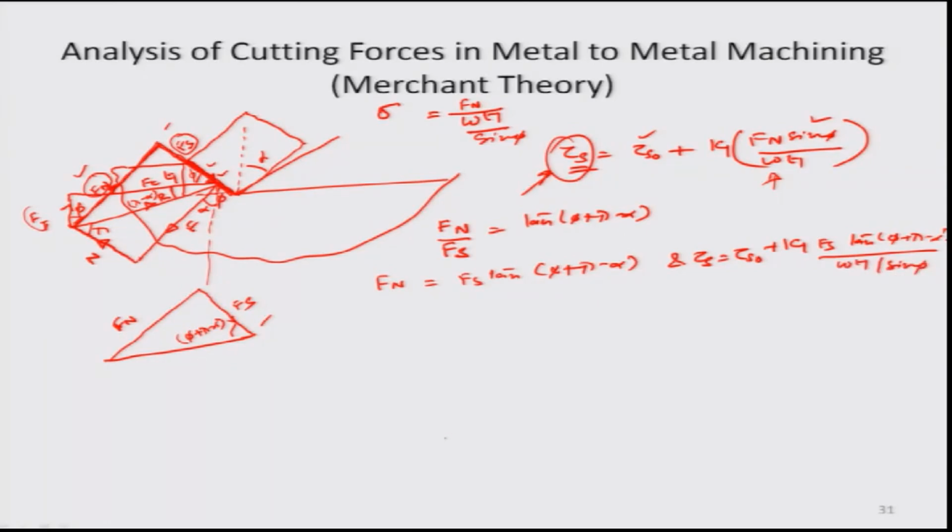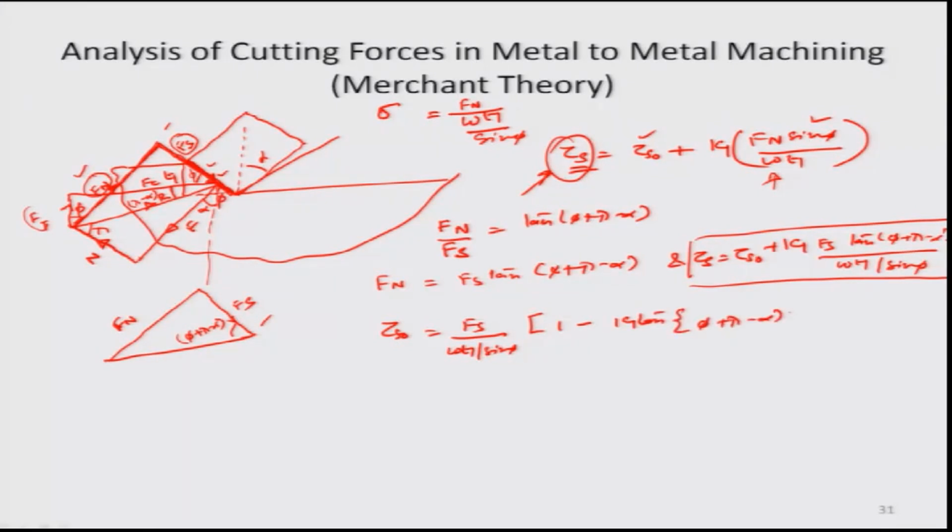Further, from this whole equation I can have the value of tau s0, which comes out to be Fs divided by Wt1 by sin phi times 1 minus k1 tan of phi plus lambda minus alpha.